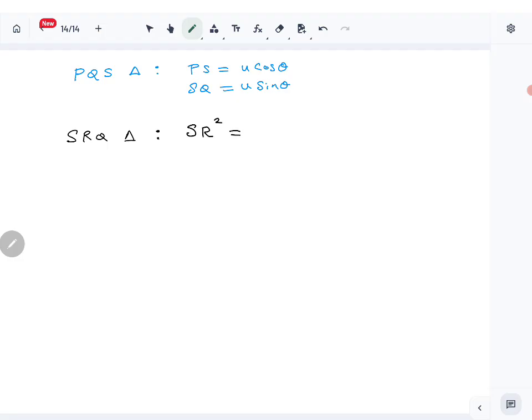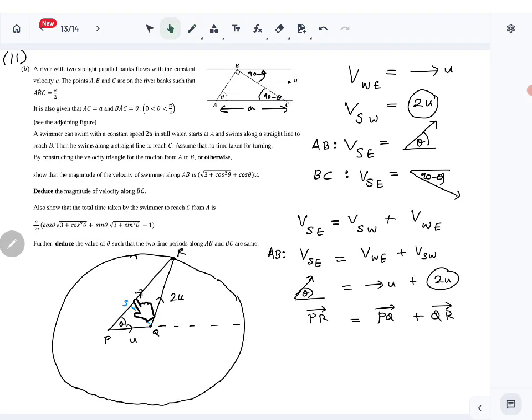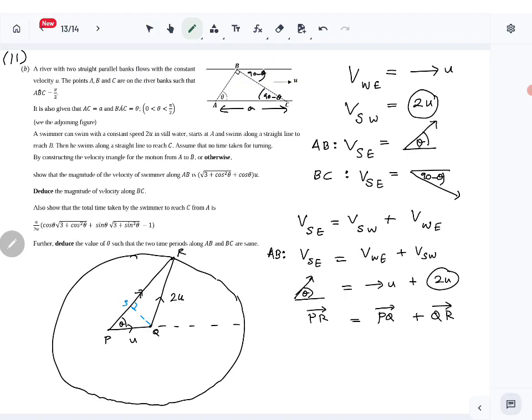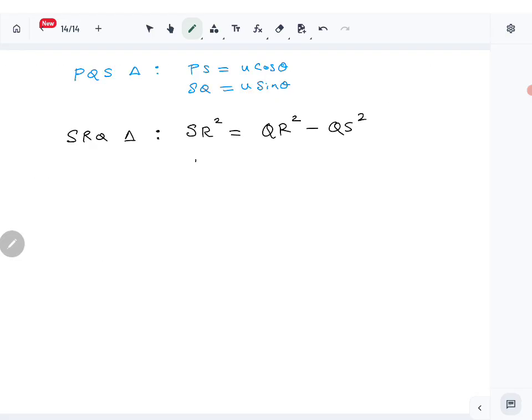SR squared, using the Pythagoras theorem, is equal to QR squared minus QS squared. QR is 2u, so SR squared is 2u whole squared minus QS squared. We found SQ is the same as QS, which is u sin theta.